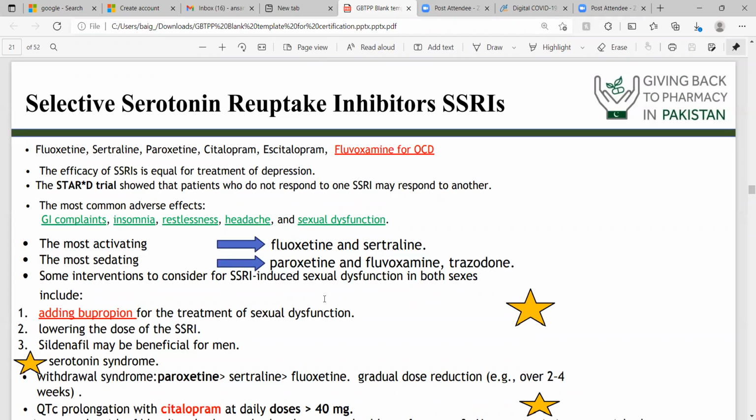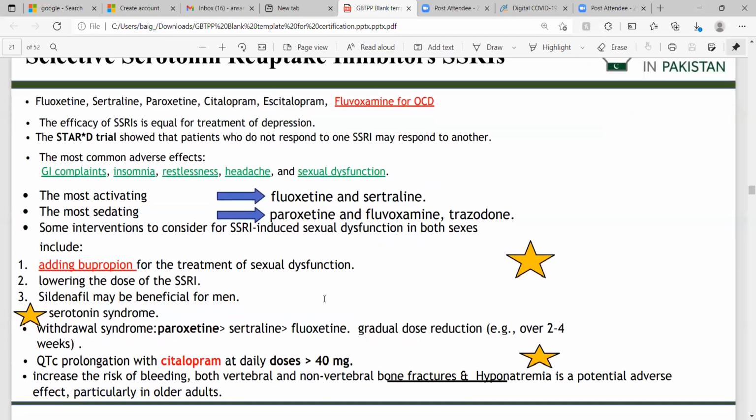If you are talking about those agents, we just have to think about general side effects. The most common side effects for these agents are nausea, vomiting, and sexual dysfunction. Particularly if you are talking about each individual, fluoxetine has the longest half-life and is most activating.